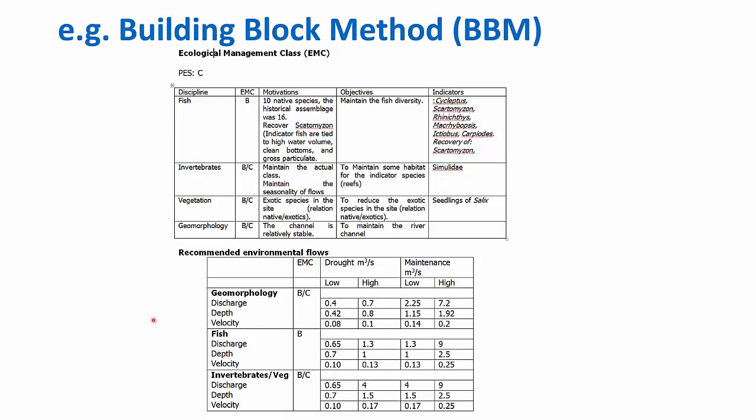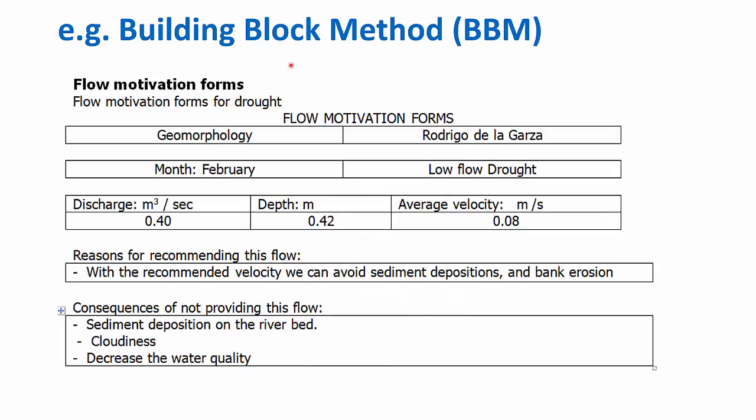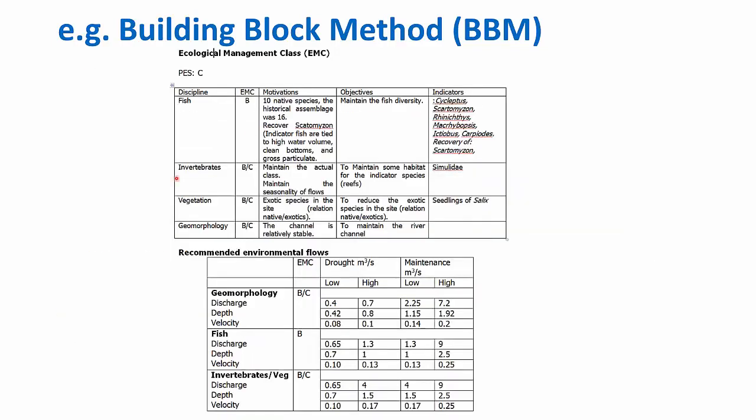And then not only was this specifically for geomorphology, but you can think of invertebrates, vegetation, fish. What are the specific drought and maintenance flows that you want to have for benefiting certain objectives of the instream flow that you want to preserve?